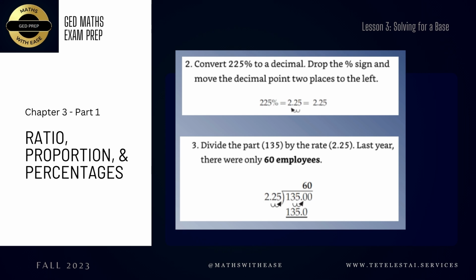But in this case, when your divisor is greater than 1, so in this example, 2.25, you know that your answer here should be less than your dividend. And that makes sense if you're thinking in terms, again, of dollars. You want to give $2.25 away, and the total amount that you have is $135.